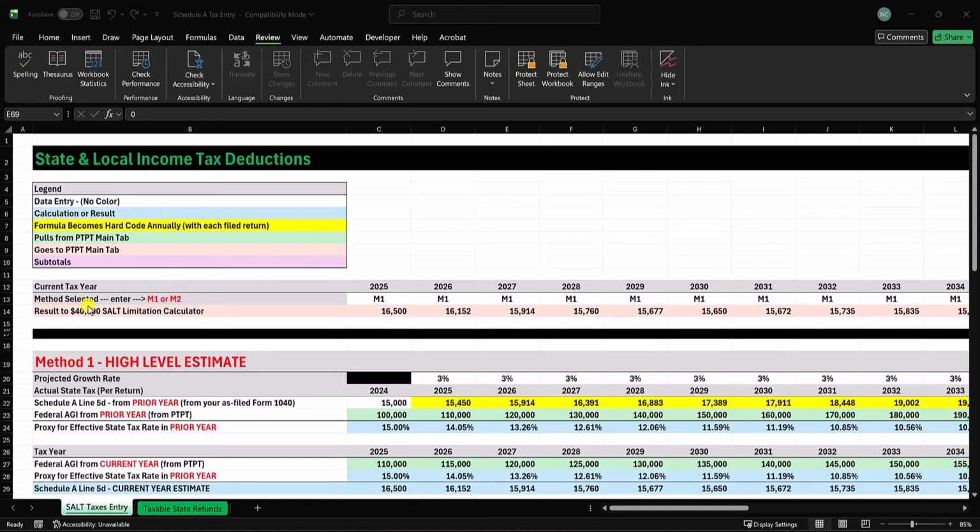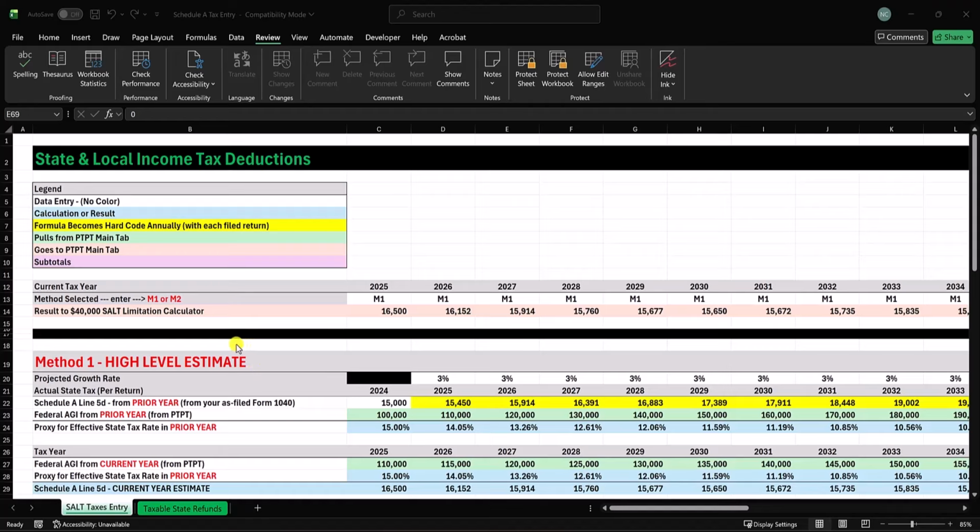Right, now scrolling back up here to the top of the tab and looking at this section right here. On this row, we're going to have our method selection toggle switch where we can choose either method 2, which is the one that we just went through, or we can choose method 1, which is going to be this high-level estimate right here. I have just uploaded to the members area for the personal tax planning template program the follow-up video which goes over how to employ method number 1 for purposes of calculating our state and local tax deduction.